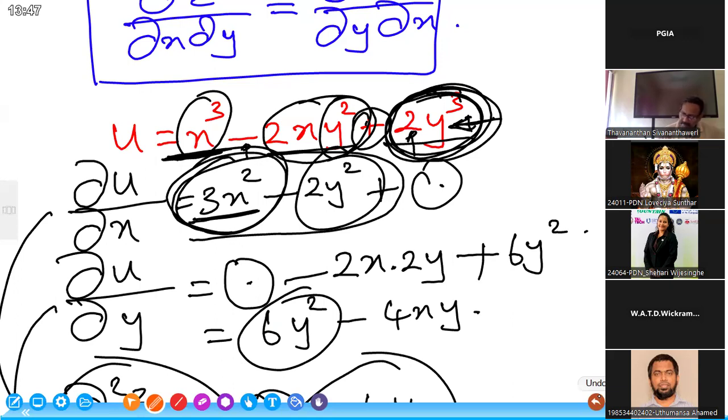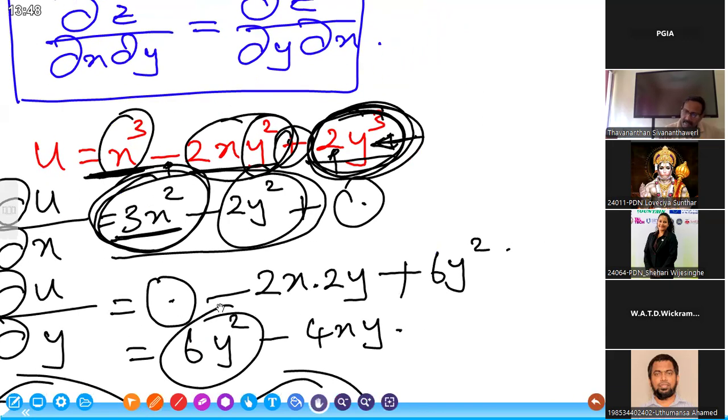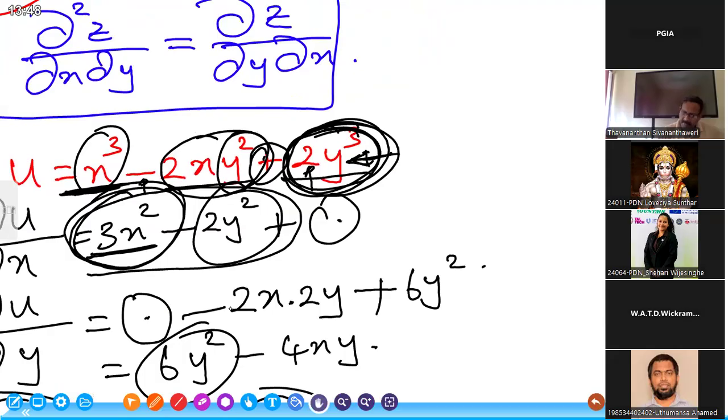Yeah. For example, let's say this is the function, right? This is the function. So what is daba z by daba x? That is 3x square minus 2y square. Isn't it? Yes, sir.